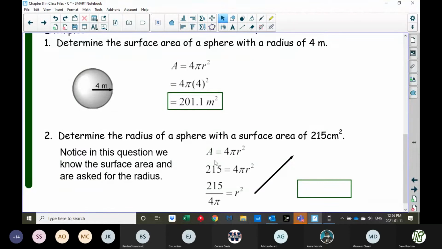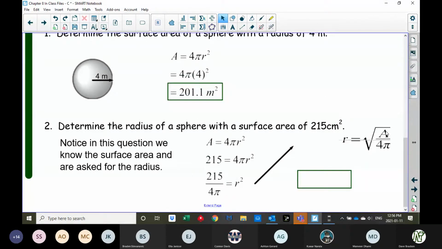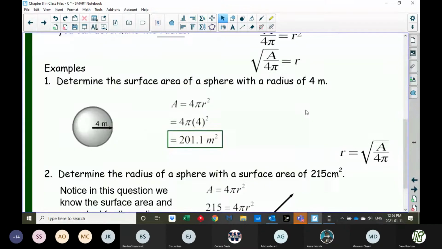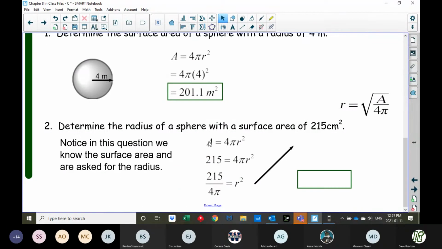I plugged in for the A right off the bat. You don't have to, you could have just used this right here. And I'll show you how this works later. But assuming we didn't do this ahead of time, and we just had this question, you could have plugged in the 215 for the A without rearranging. We divide this by 4 pi, and 215 divided by 4 pi is going to give you this for your r squared. And now you take the square root, and you're ending up with 4.1 centimeters approximately.